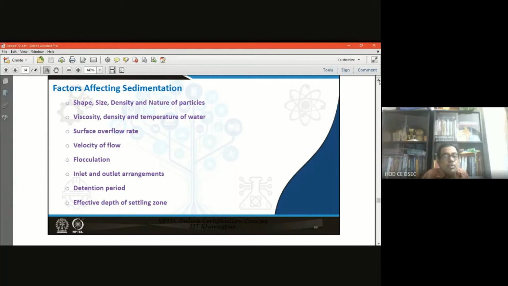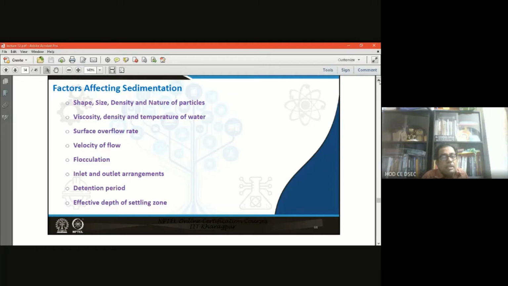And the surface overflow rate. Surface overflow rate is calculated on the vertical settlement of the particles, that we will see. Velocity of flow means the horizontal velocity at which the water is entering the sedimentation basin. Surface overflow rate is the vertical one, and the velocity of flow is the horizontal velocity.